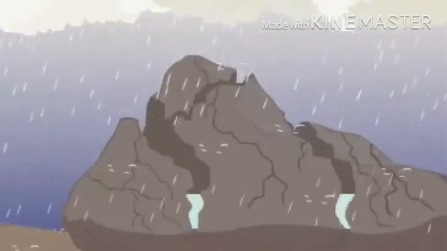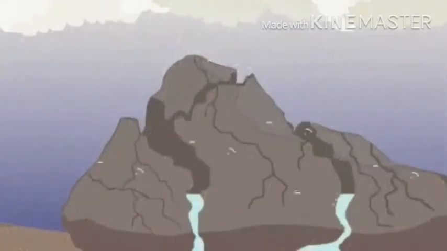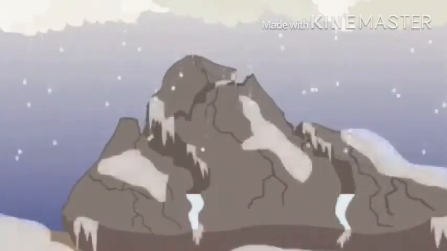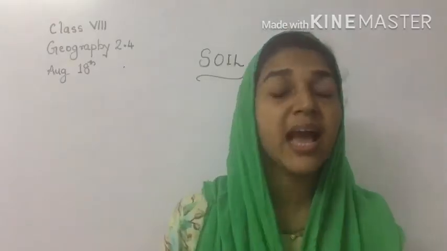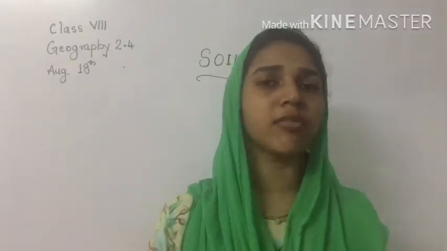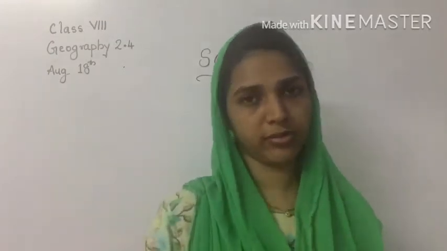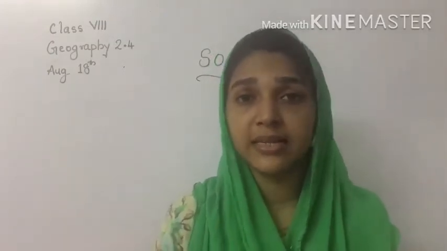It takes years and years to form a centimeter of soil from a rock. And by adding many other components like nutrients, humus and the actions of microorganisms, the soil becomes fertile. I have already said that the formation of soil is a long-term process. It takes years and years.